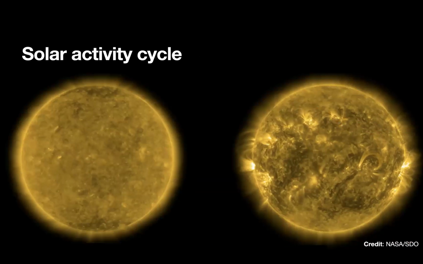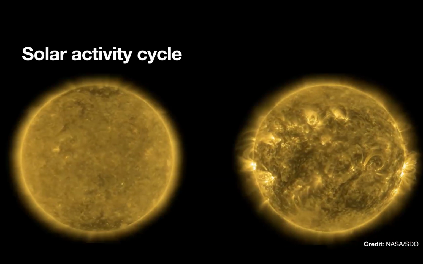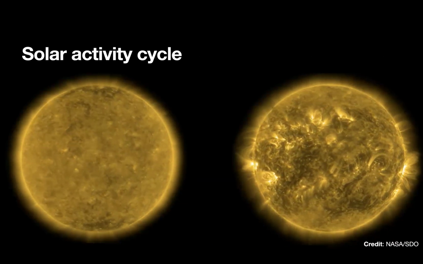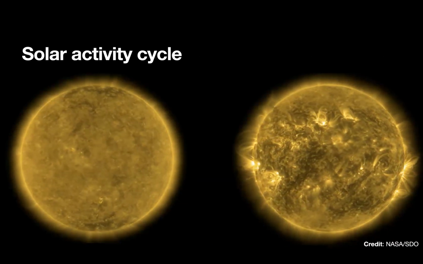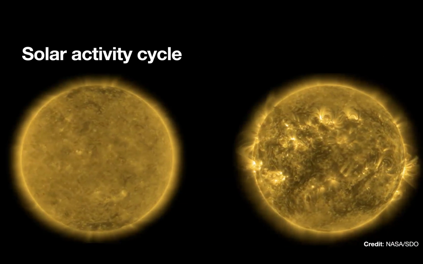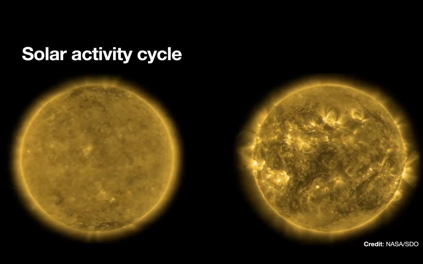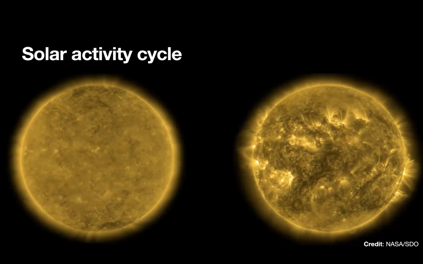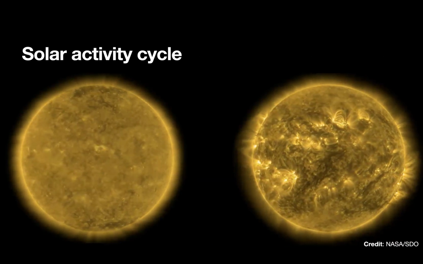So the second solar science case that was identified in the white paper was that of the solar activity cycle. As you may know, the sun goes through an 11-year cycle where the polarity of its magnetic poles flip.